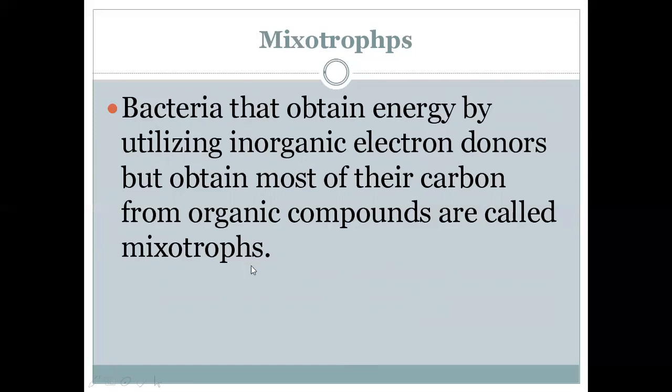Here you can understand that these mixotrophs are utilizing both organic compounds as well as inorganic compounds. Inorganic compounds are utilized as electron donors, and organic compounds are utilized for deriving their carbon requirement. So such organisms are called mixotrophs.